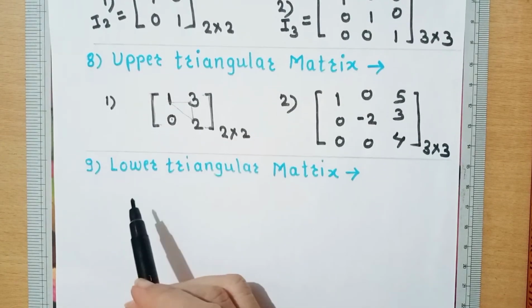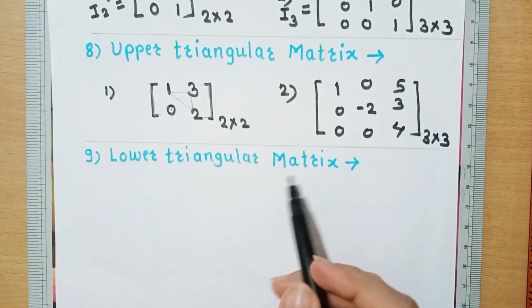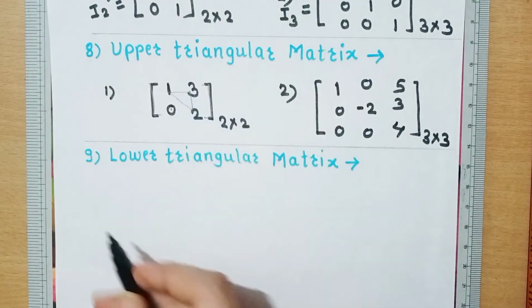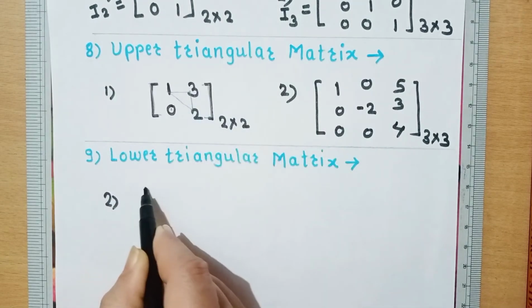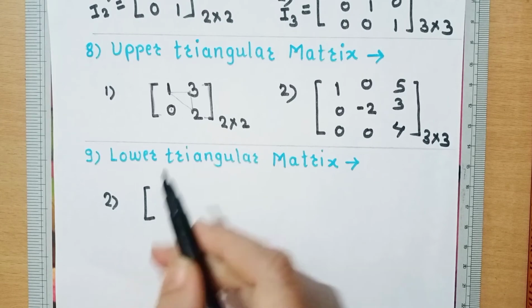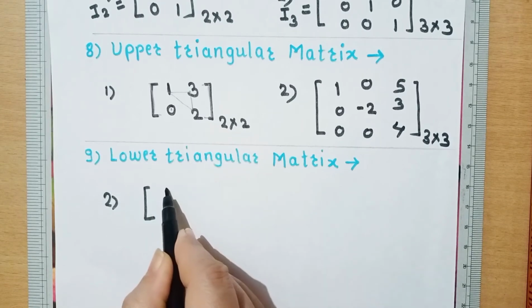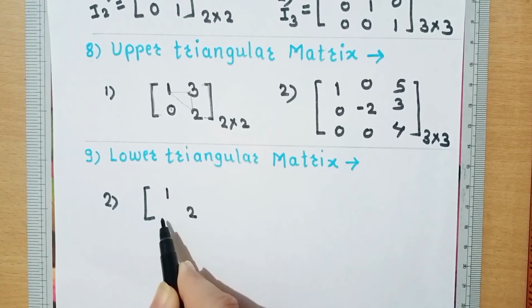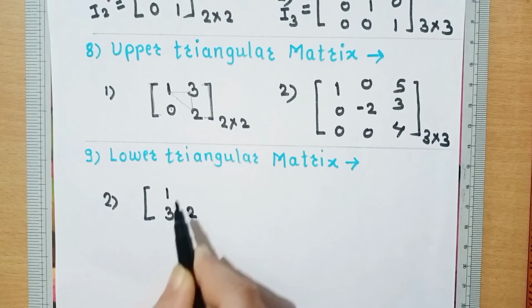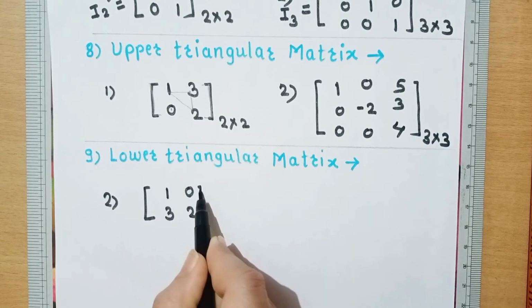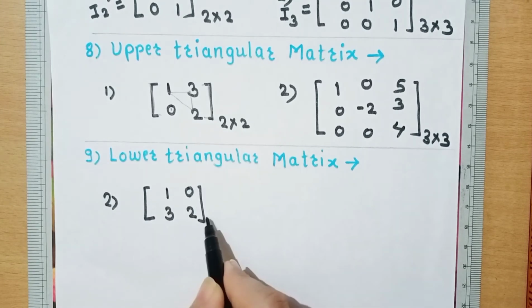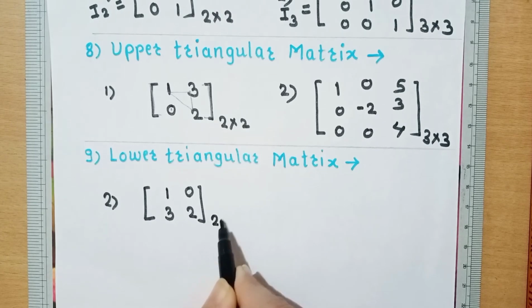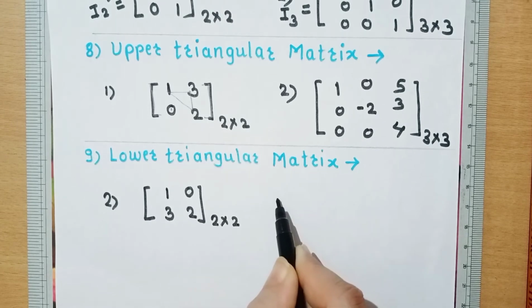Now next type is lower triangular matrix, which is exactly opposite of this, and here every element above the diagonal is 0. Suppose this is the diagonal element and the others are 0. So this is called as lower triangular matrix of order 2 by 2.